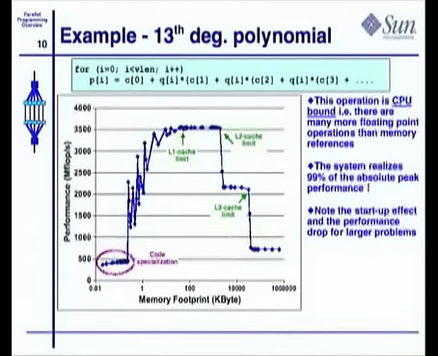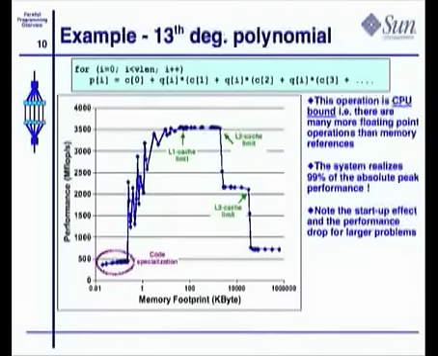I need one input, in my case called Q of I. That element is loaded from memory, and then I can do 26 floating point operations on it. When I'm done, I'll store it back into the memory system, so that's another memory reference. In other words, I have 26 floating point operations and only 2 memory transactions. That's a very CPU-friendly thing to do, and it shows in the performance chart.